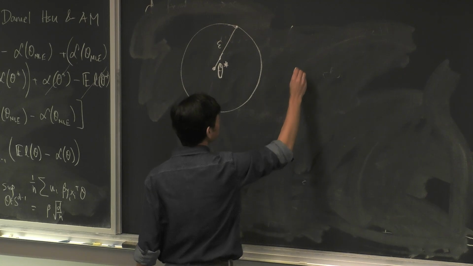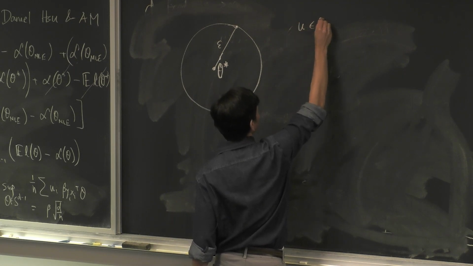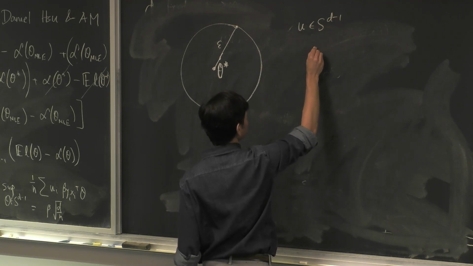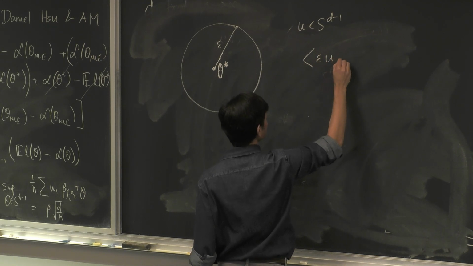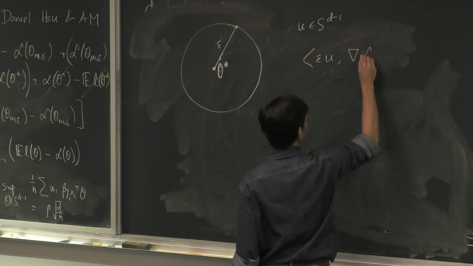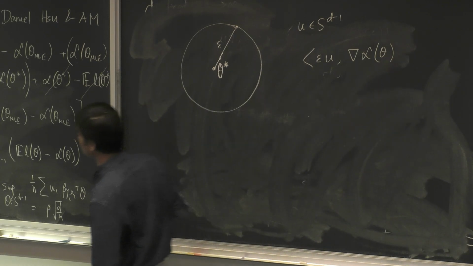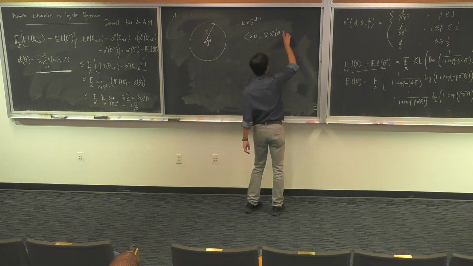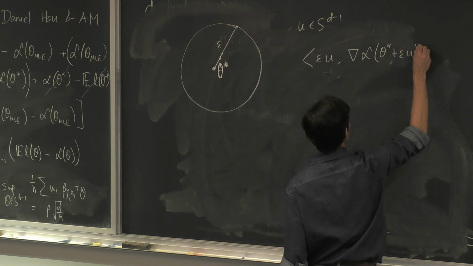I will take u to be a unit vector, and then take the inner product of epsilon u and the gradient of L at theta, where L theta is simply this function over here, at theta star plus epsilon u.